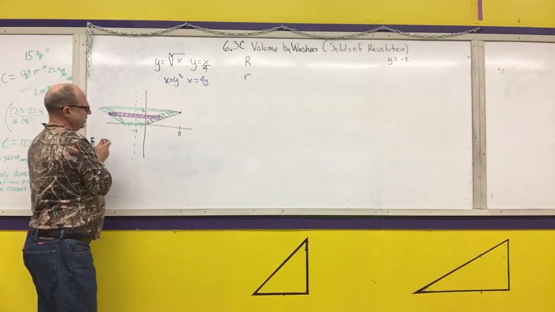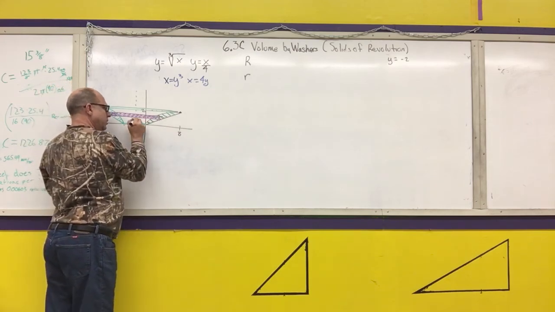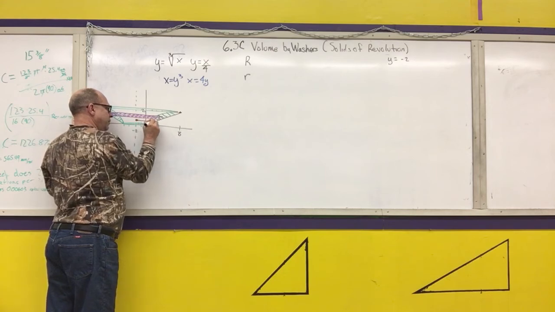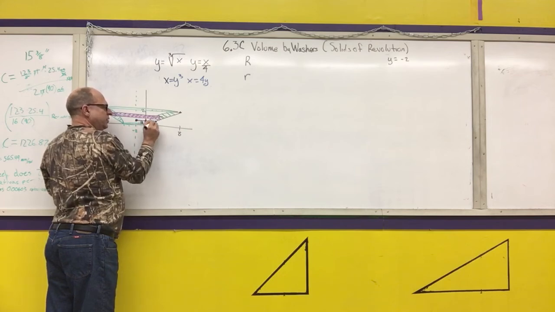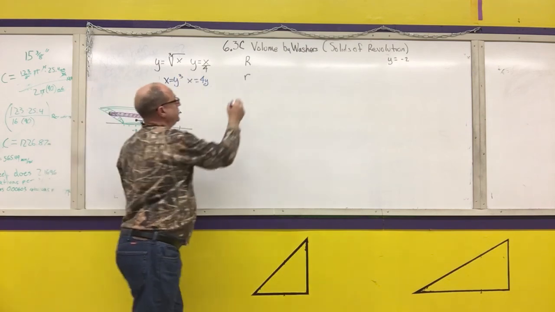Well, the big R is the distance between the center and the outer curve. The distance between the center and the y-axis is 2, and the distance between the y-axis and the curve is the equation for the curve, which is my linear equation. So it would be 2 plus my linear equation.